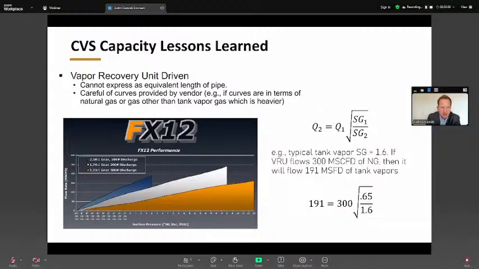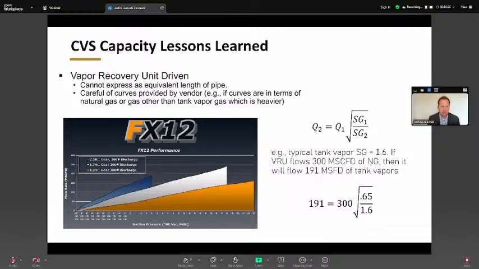My initial background for facilities engineering was on rotating equipment, and so I can speak firsthand that compressors and vapor recovery unit compressors are very dynamic and are very complicated to model. They are based upon what speed you're running at, what the capacity of your compressor is, where your unloading devices might be set, as well as what your suction and discharge pressures of that compressor are.